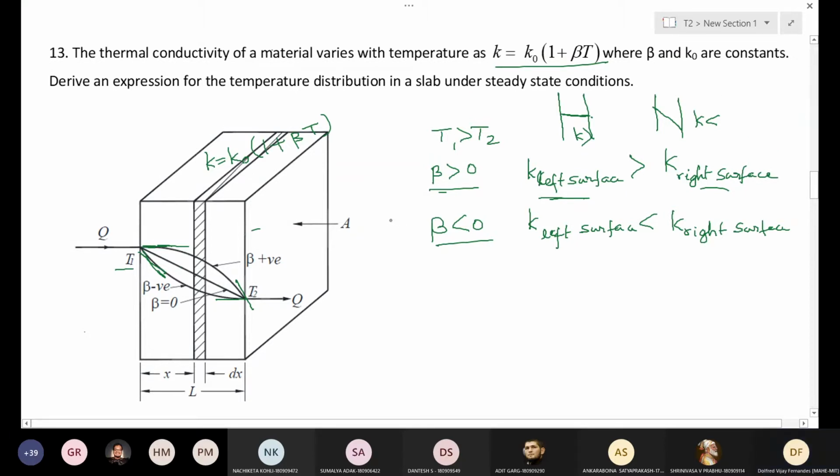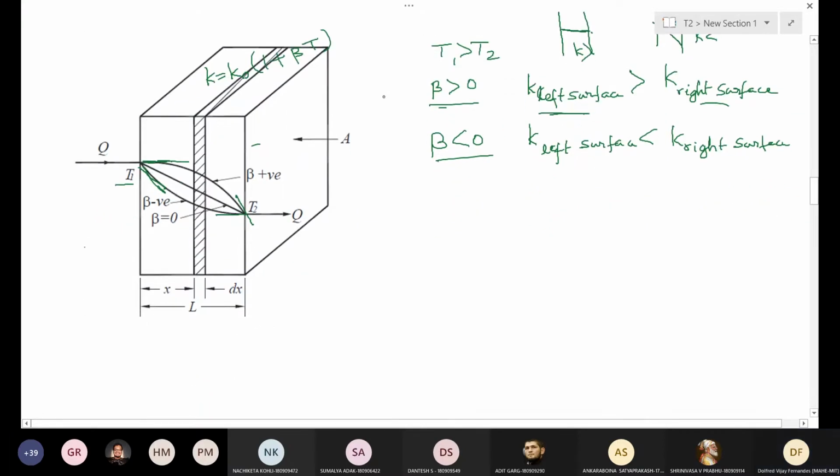Now we can obtain the expression for temperature distribution in the slab. For that we use the same Fourier law of heat conduction. You consider an element in the wall of thickness dx, and we can write Q equal to minus K A dT by dx.